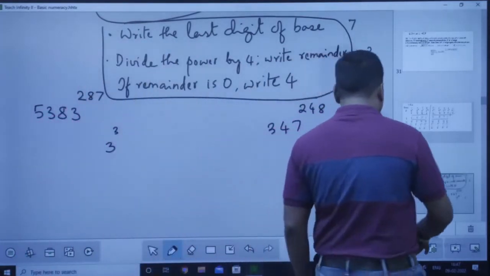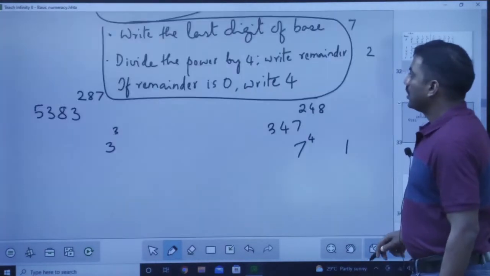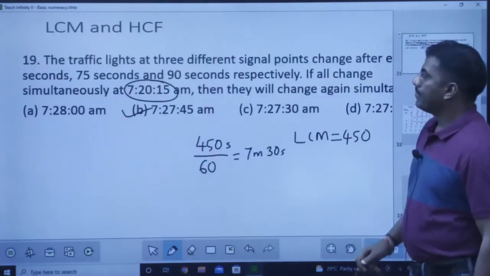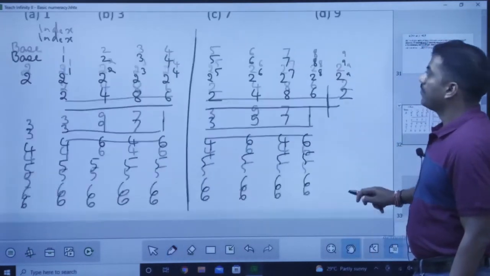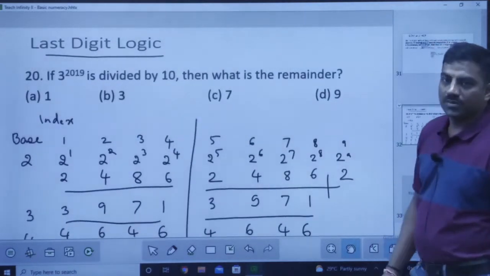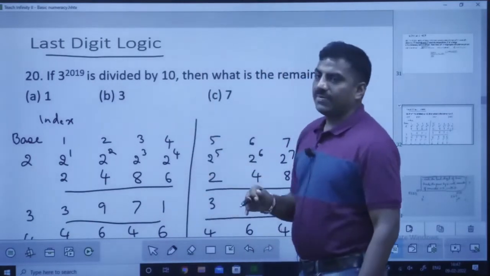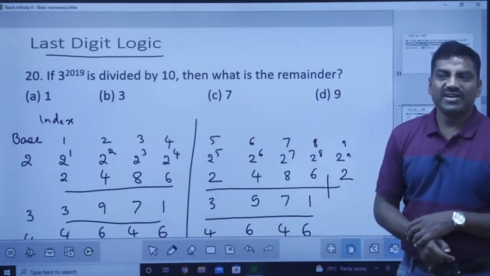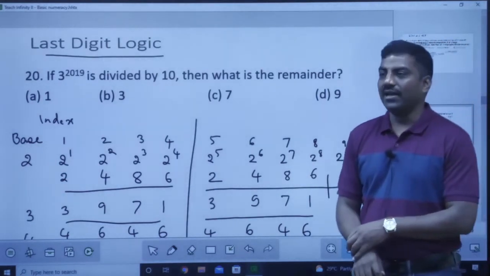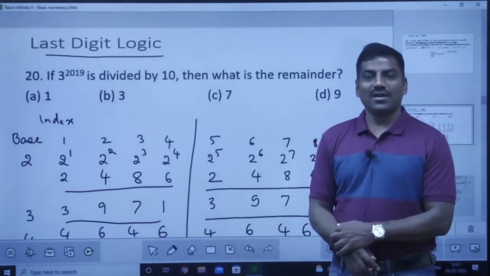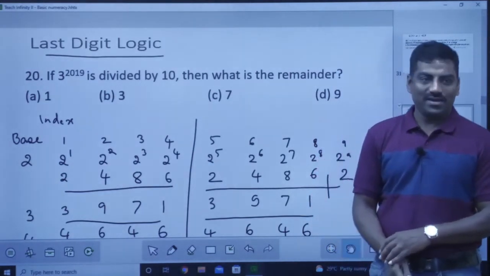We can solve a question pertaining to this. If 3 to the power of 2019 is divided by 10, divide by 10 means what? When you divide anything by 10, what will be the remainder? Take any number and divide it by 10.